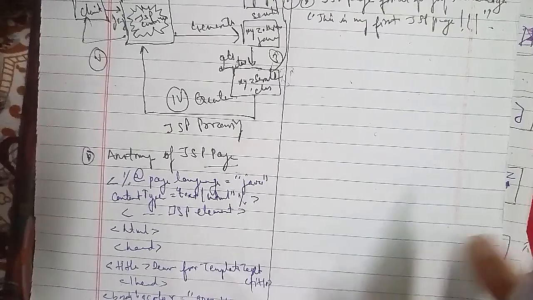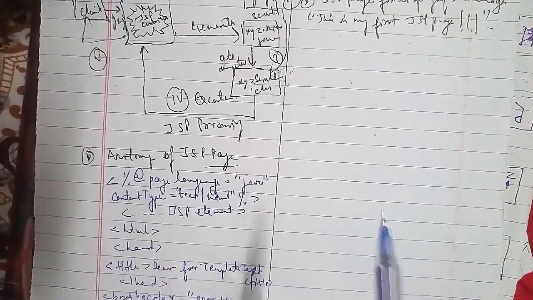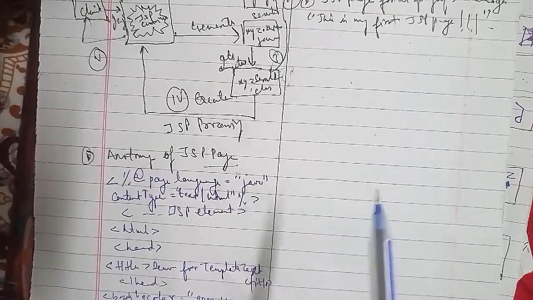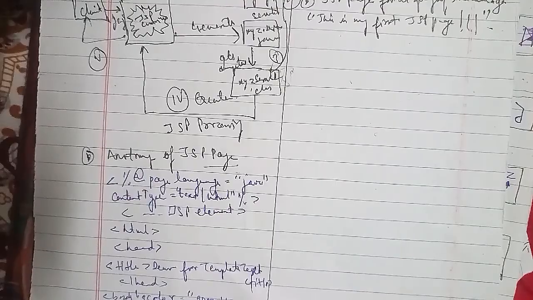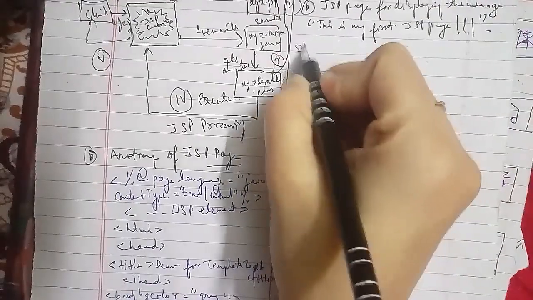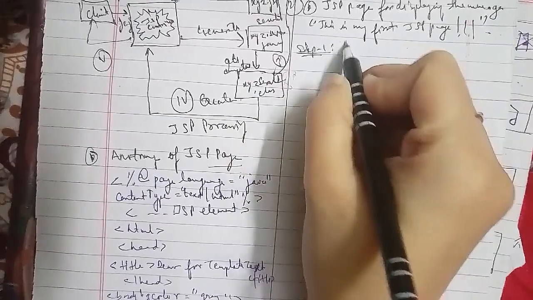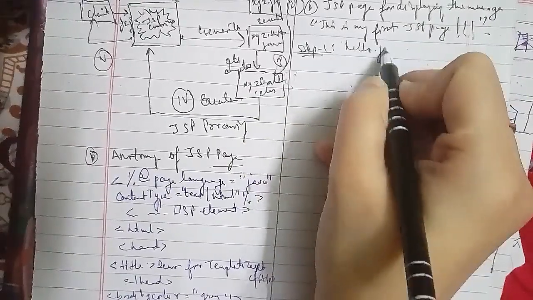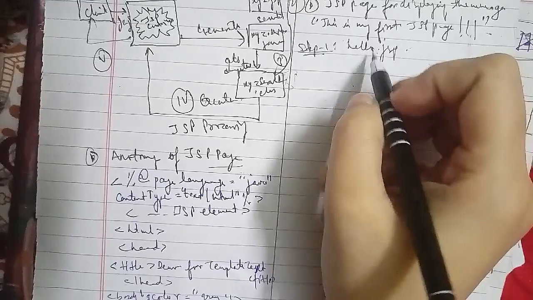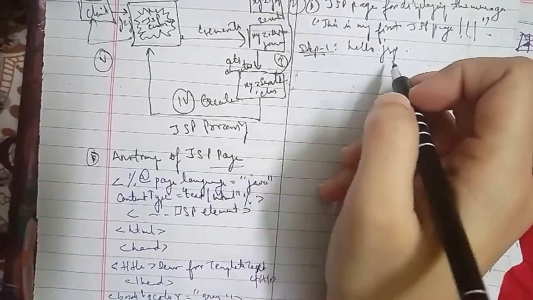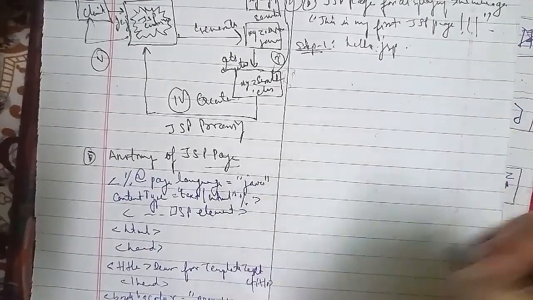In step 1, that is your hello.jsp, first of all open some text editor like Notepad and type the following code that we are going to write.